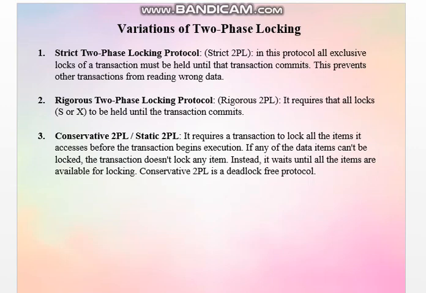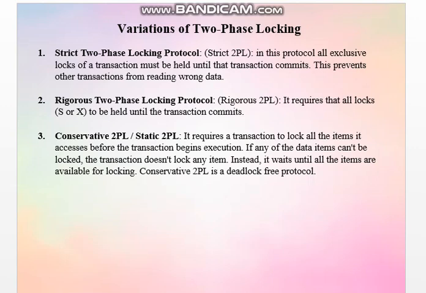But in the rigorous two-phase locking protocol, the transaction occupies all types of locks in the growing phase, whether shared or exclusive, but it does not release any lock until the transaction commits, whether it is a shared lock or an exclusive lock.